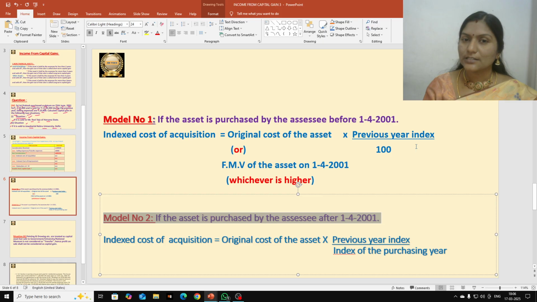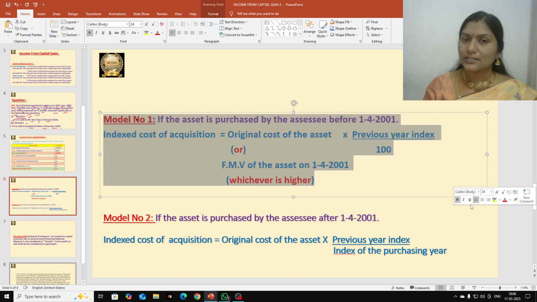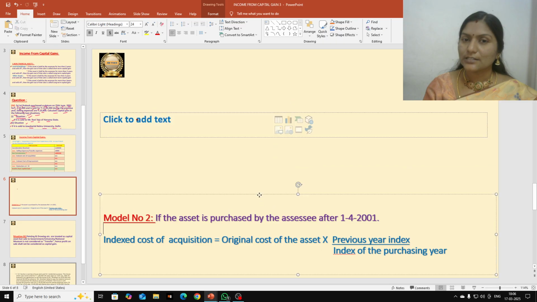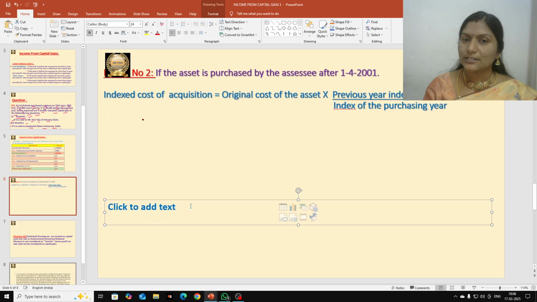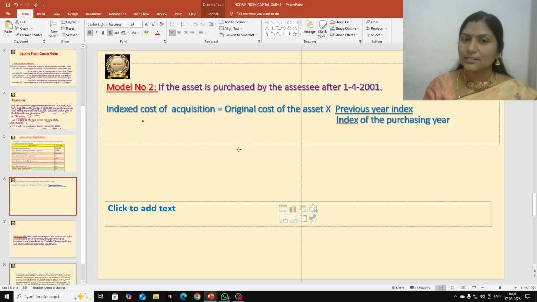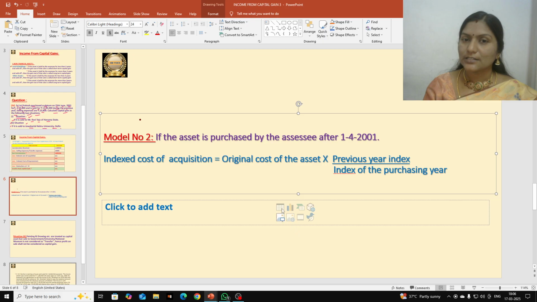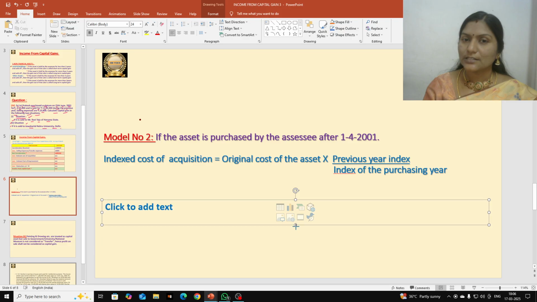I will delete the first model completely because we are not going to take it. Let us take the second model only, students, and calculate it here.